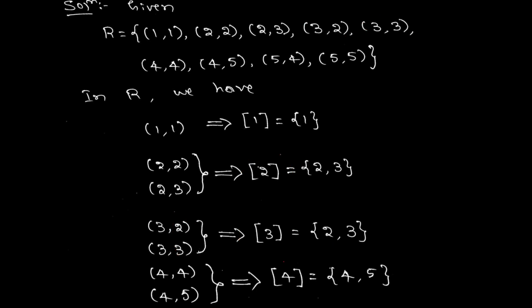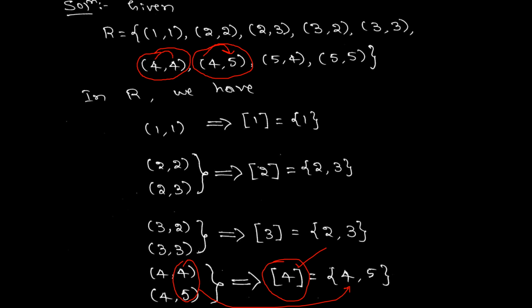Now when you go for 4, collect the pairs in which 4 appears in the first place. These are the only two: 4 is related to 4, and 4 is related to 5. So {4, 5} are the elements in the equivalence class generated by 4.